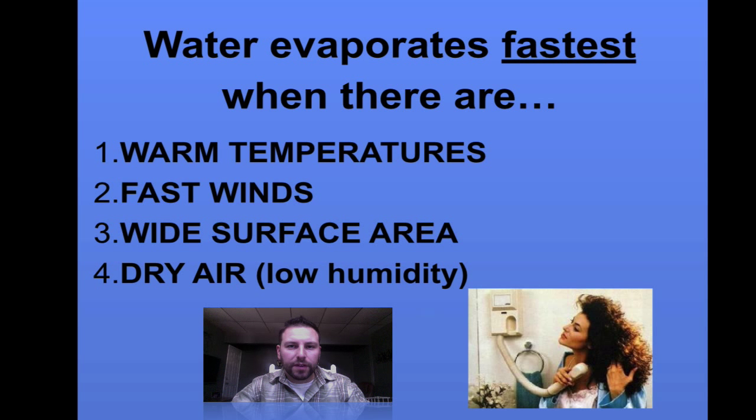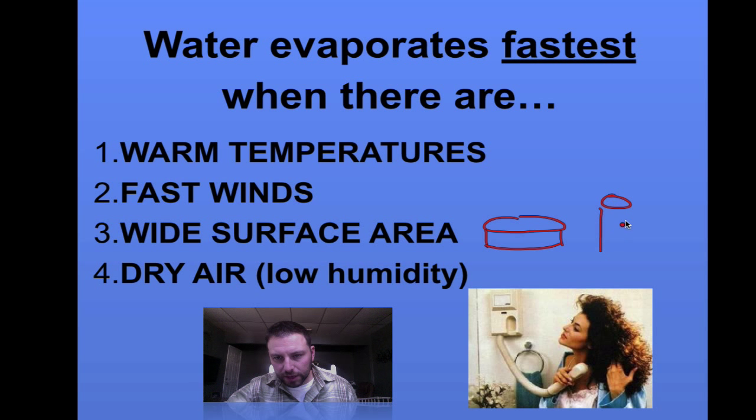Water evaporates the fastest when we have warm temperatures, fast winds, a wide surface area, and dry air. The wide surface area, so if we have two containers with equal volumes, one like this, or maybe one like this, this will have an increased evaporation.